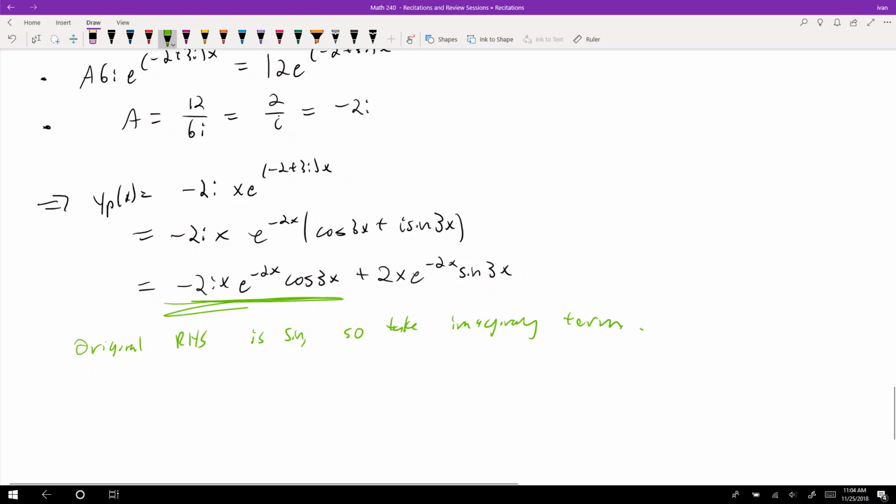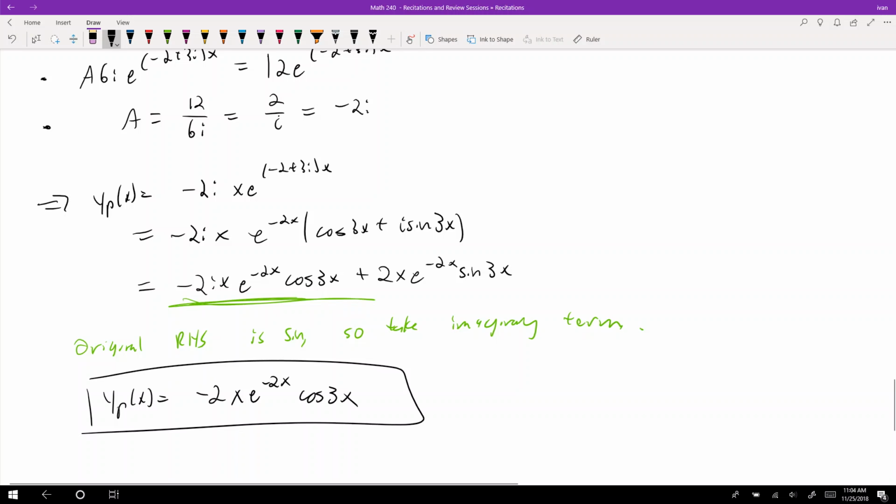That's the first one, with the cosine. We don't care what the trig term attached to it is, we only care whether it has an i attached or not. So we take that term, and therefore my correct yp of x is going to be negative 2x e to the negative 2x cosine 3x.